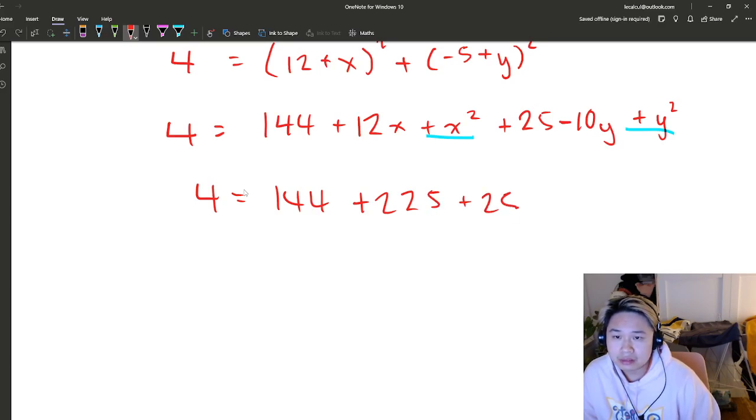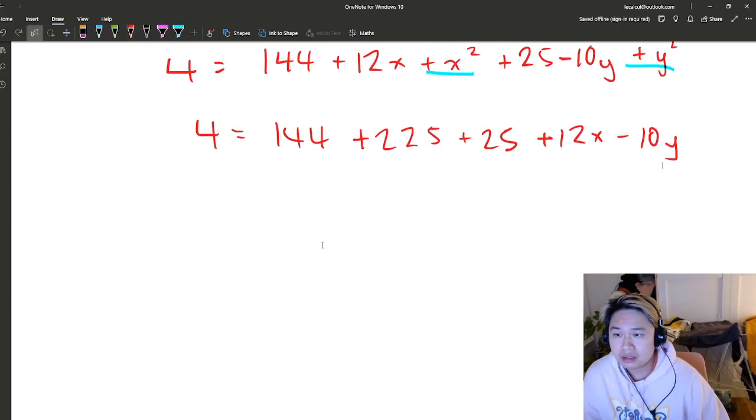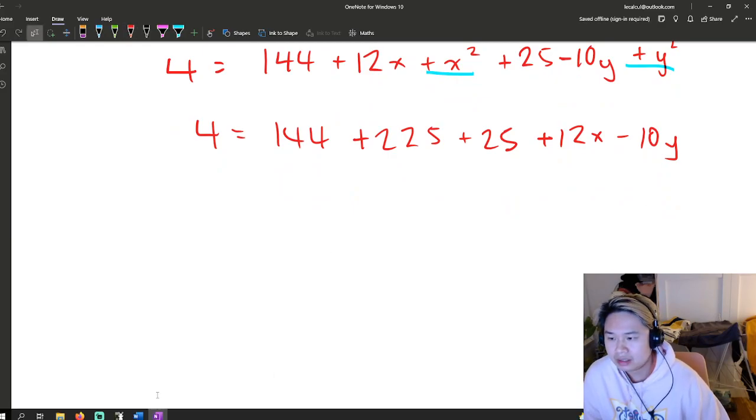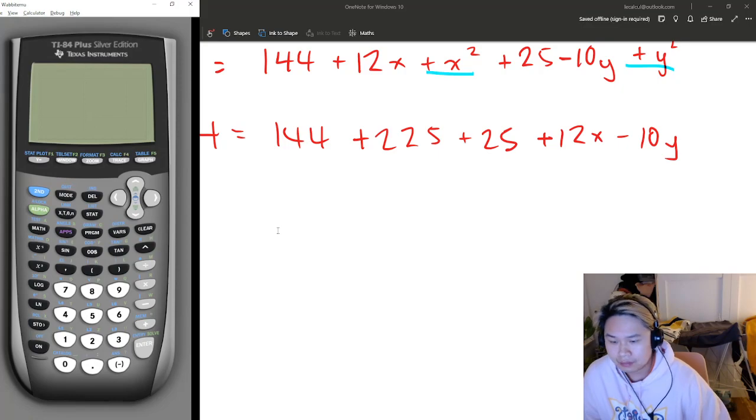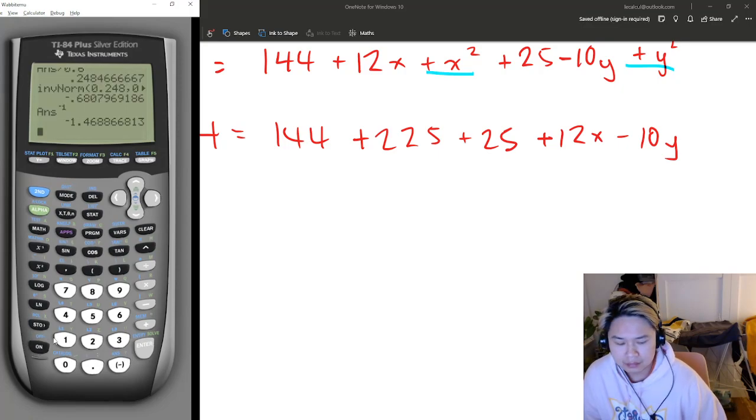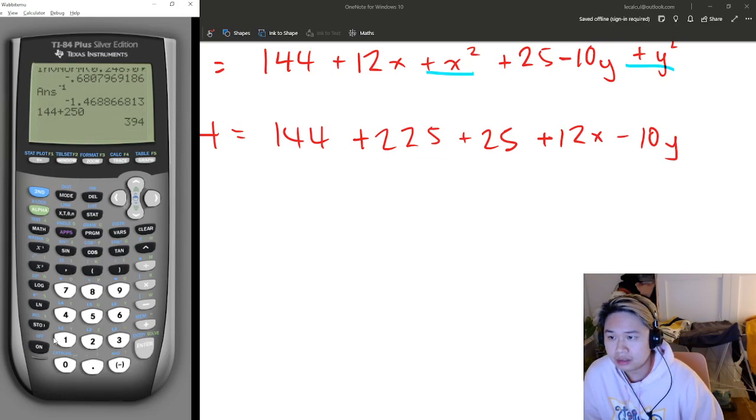And then plus 25 plus 12x minus 10y. Do I want to add these up manually? Nah. Okay, 144 plus 250 is 394.